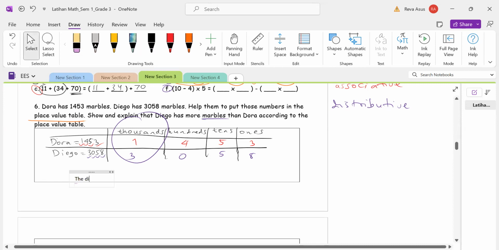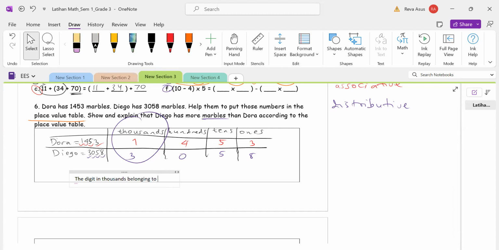So the digit in thousands belonging to Diego is 3. It is bigger or greater than Dora's digit in thousands, which is 1.